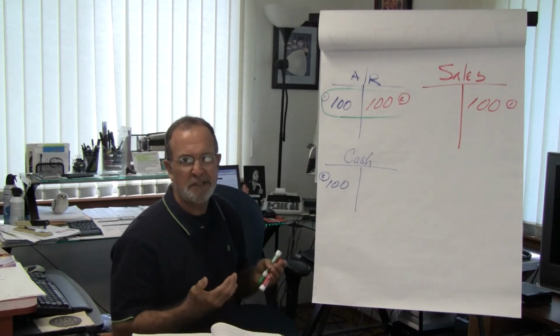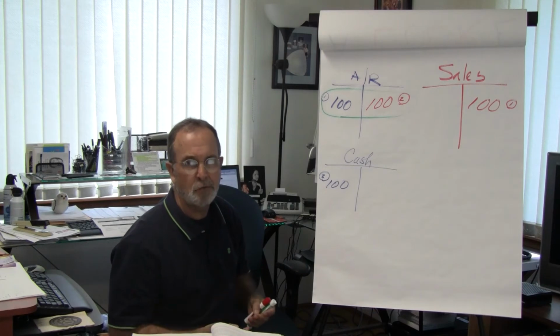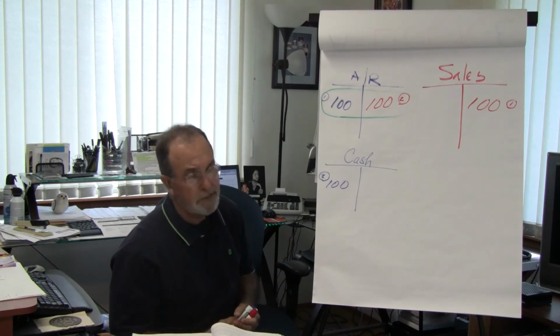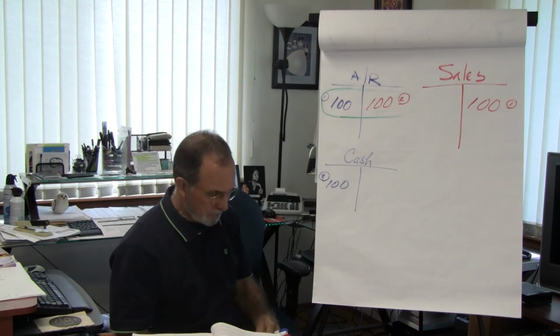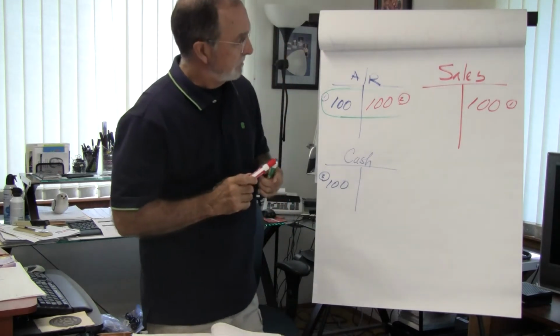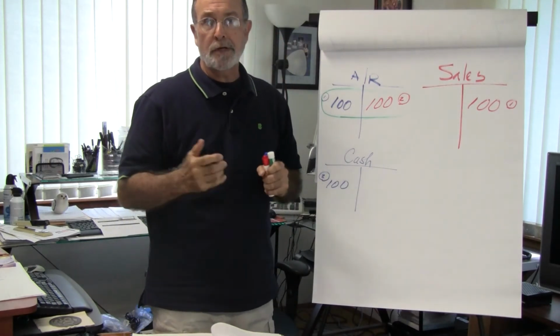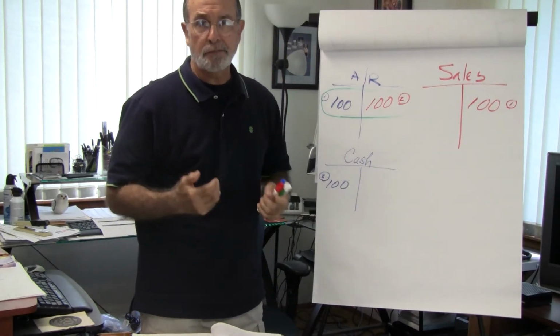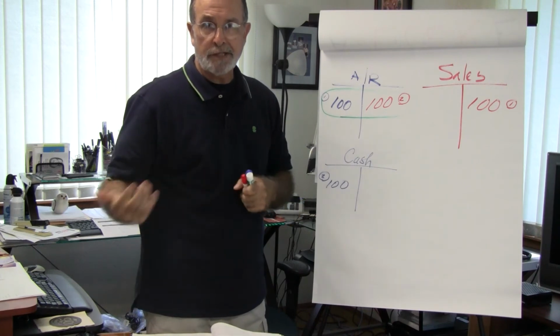This is a simple example of how the accrual basis would work. If we were looking at an expense transaction, let's say we received our utility bill in the mail for payment next month.